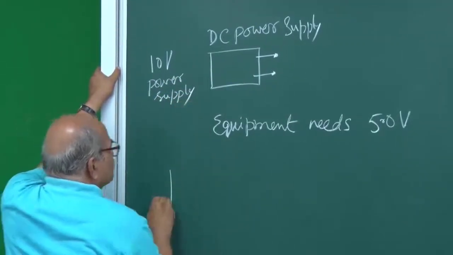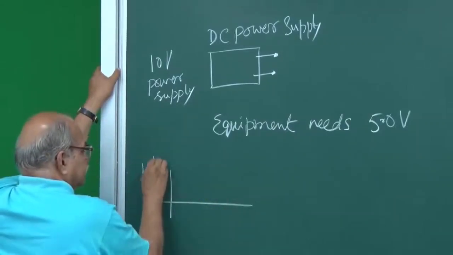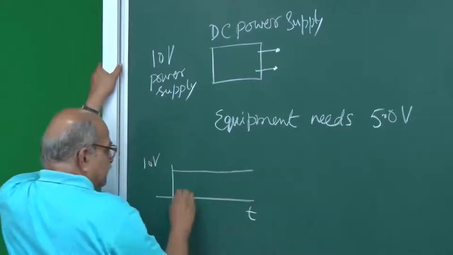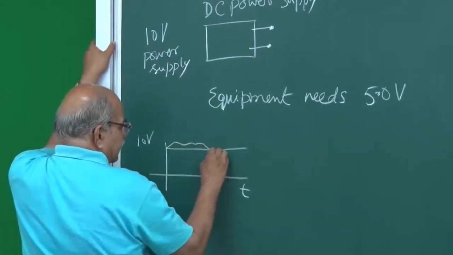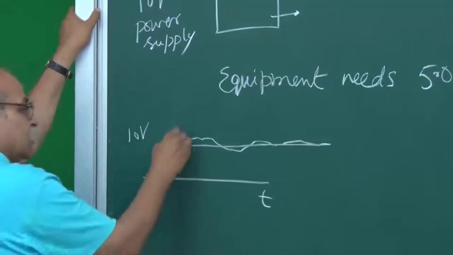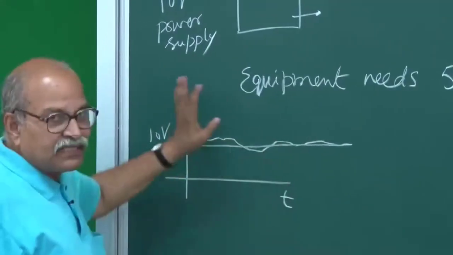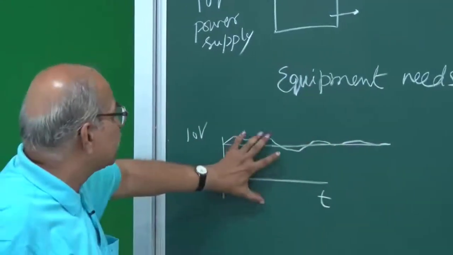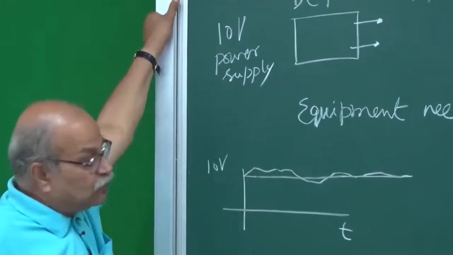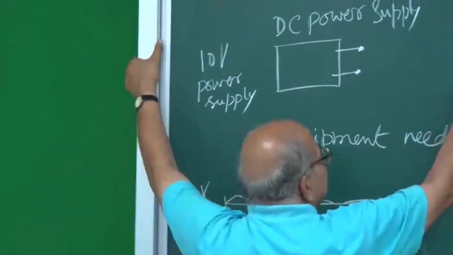So it is supposed to give me 10 volts. It is supposed to give me this kind of waveform as a function of time, but what it is doing, it's giving this kind of thing. So it is fluctuating from 10 to, let's say, 10.2 here, 9.7 here. It's fluctuating. This kind of supply is coming here.